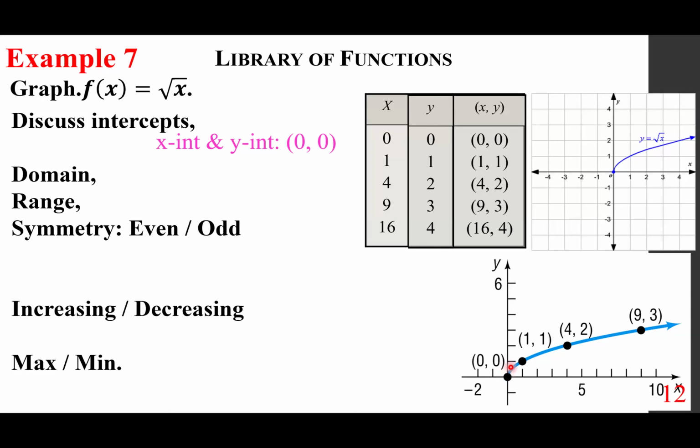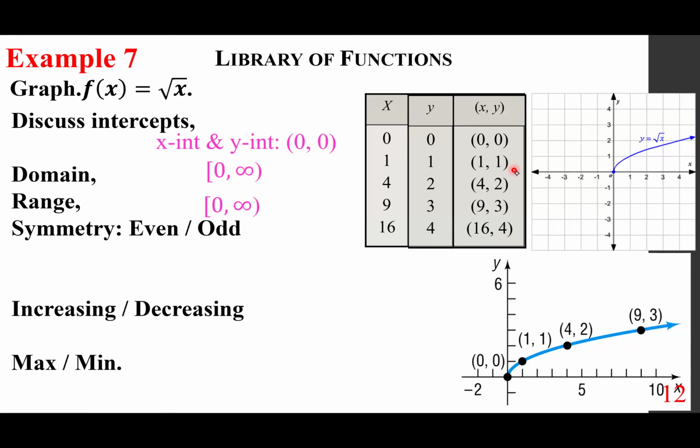Domain, all possible x values, everything to the right of 0, including 0, so it's 0 to infinity. And the range, all the y coordinates, again, above the x-axis, so the same thing from 0 to infinity. So please understand, this would be the domain, this would be the range, both of them 0 to infinity.